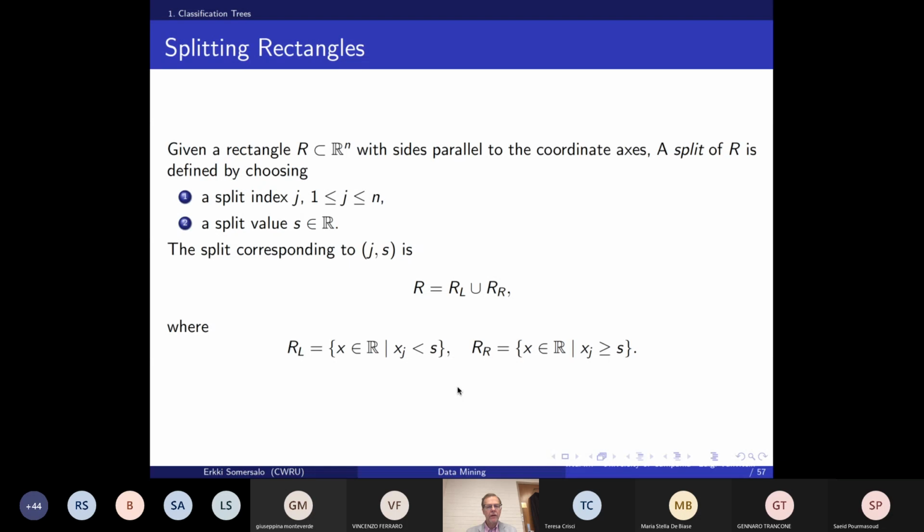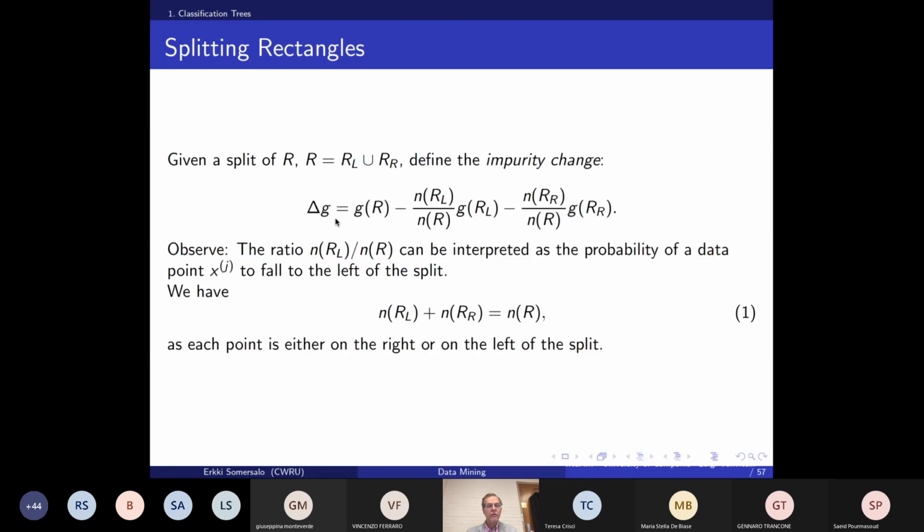And so then we ask, what happens if I split the rectangle? What happens to the Gini index? And so we define this delta G to be the change in the purity. So the delta G is how much the purity is increasing when you split. So you start with the original rectangle, and then you take the weighted Gini indices of the left and right rectangles, and the weights are how many points were classified to the left and how many points were classified to the right. So you use those as weights.